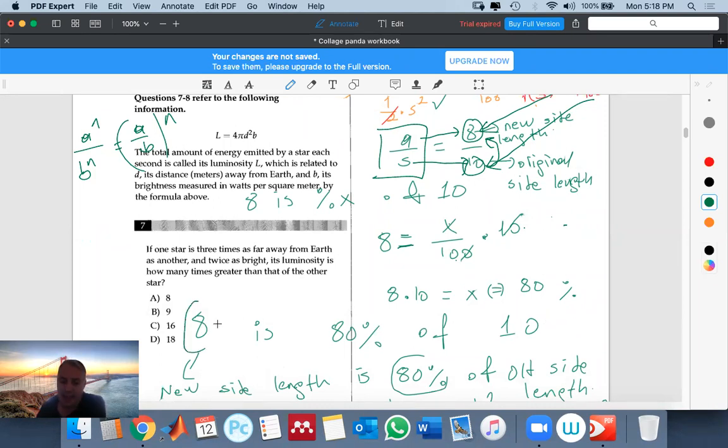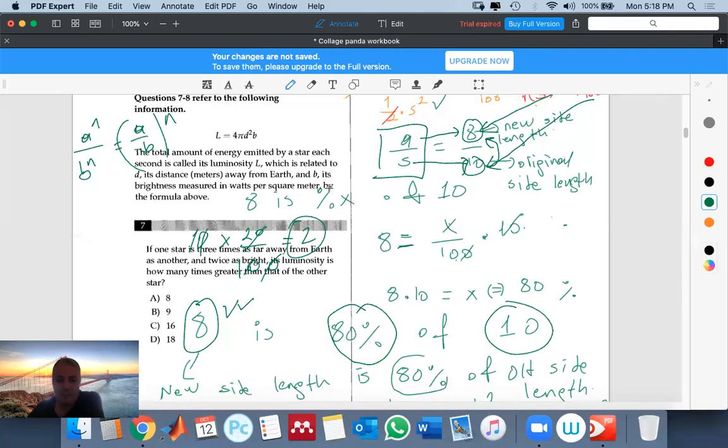So to get 80% from 100%, we decrease only 20%. Why? 100 minus 20 is equal to 80%. To check this, 10 times 20% is 2. So 10 is the original number, the 20% decrease is number 2. So 10 minus 2 is equal to 8. That means we are right.